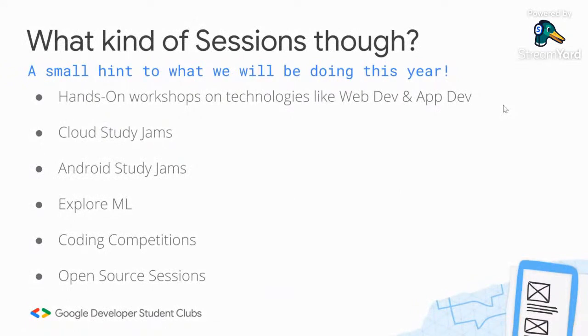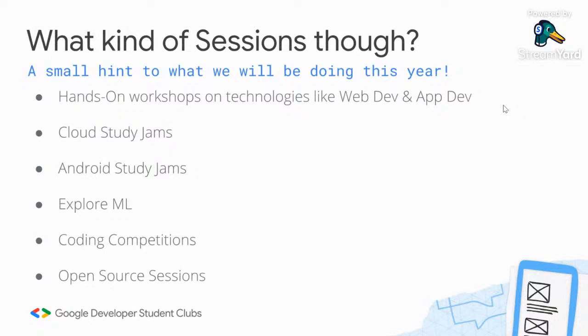Okay. So, what kind of sessions though? You will be having hands-on workshops like web dev and app dev, and many other things as you would like. You can have some flagship events like Cloud Study Jams, Android Study Jams, and Explore ML, which are Google-powered flagship events that happen throughout the year, and GDSCs mostly look forward to these events.